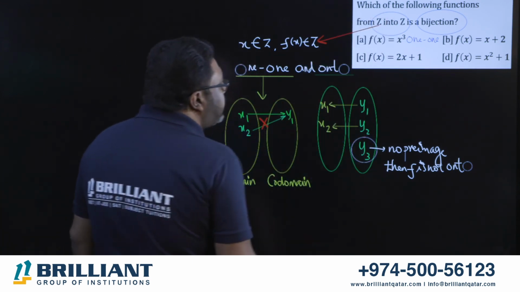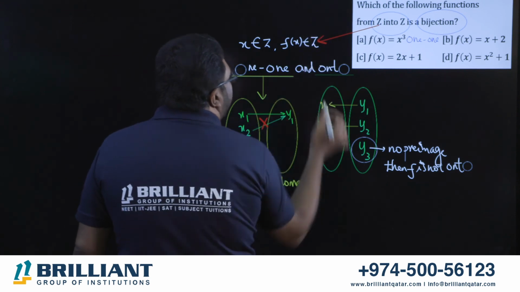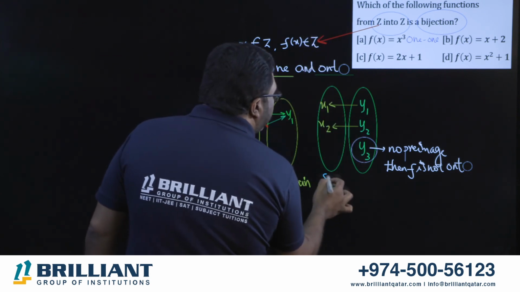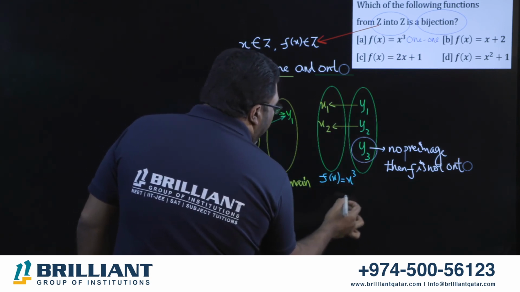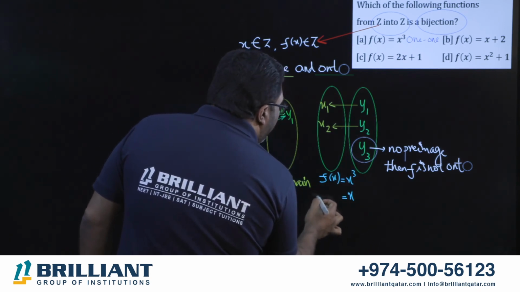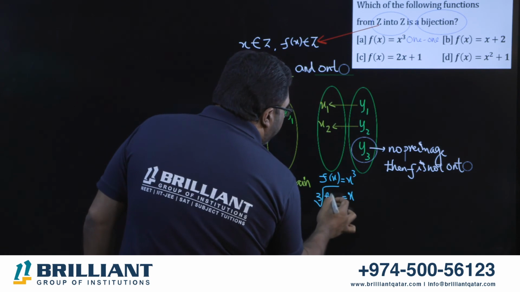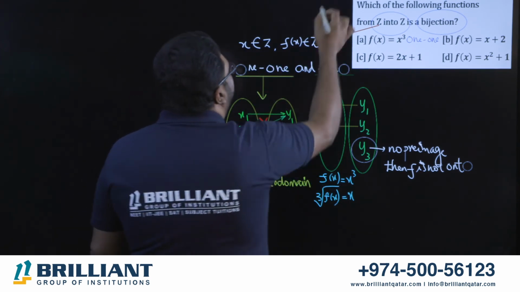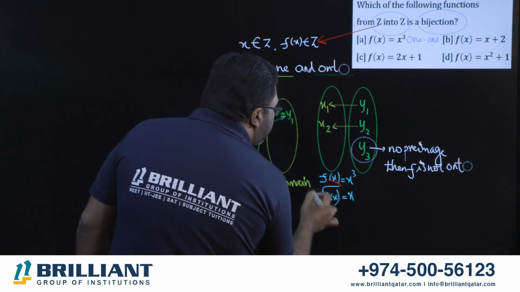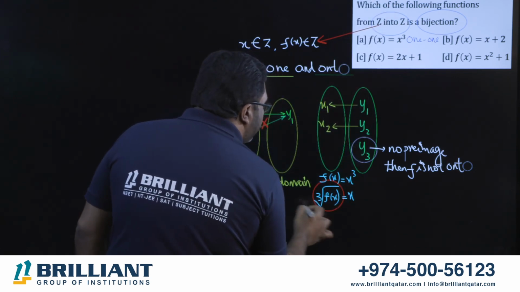Okay, now look at this condition. I have x cube here. So let's try to understand. f of x is equal to x cube, and then x is going to be the cube root of f of x. The cube root of f of x is not always an integer.